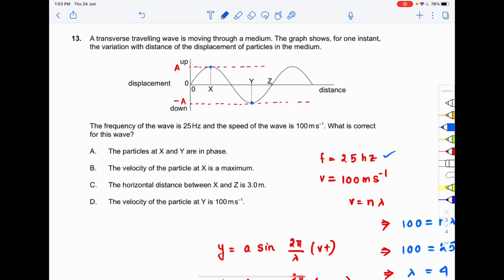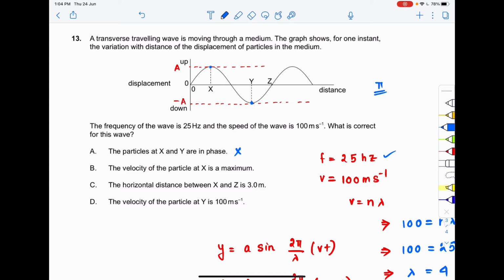So are they in phase? No. In fact, the phase difference between x and y is π, completely out of phase. So option A is incorrect.